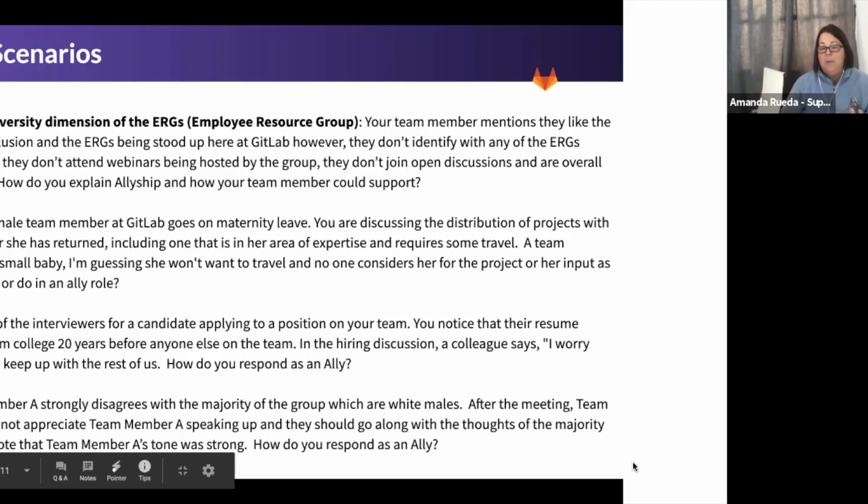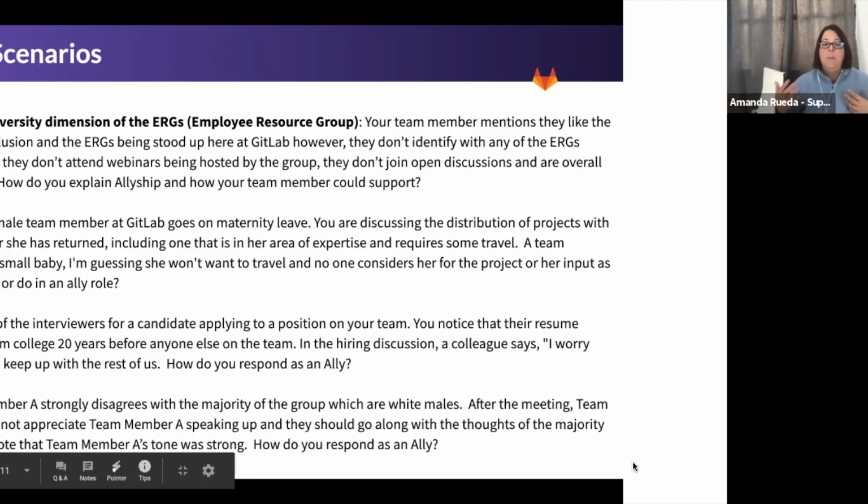It's hard to speak up when you're in a minority. So point out to person B who's complaining, look, it takes courage to say something, and that's a tough room. And maybe the tone came out strong because of that dynamic, and not because they had bad intent.